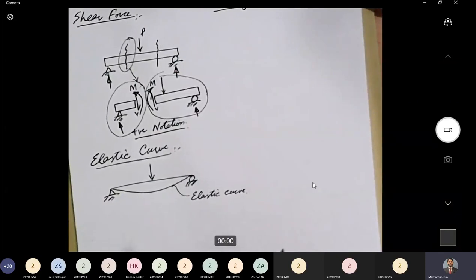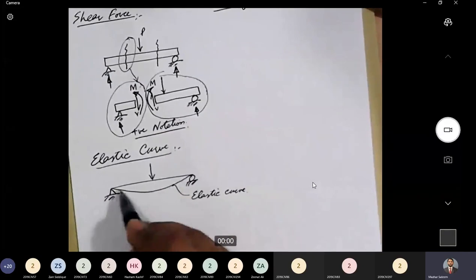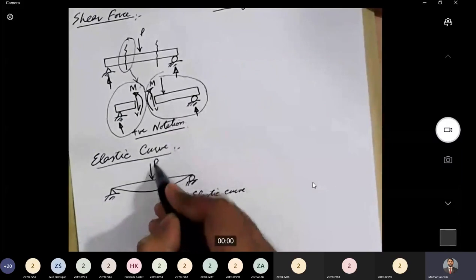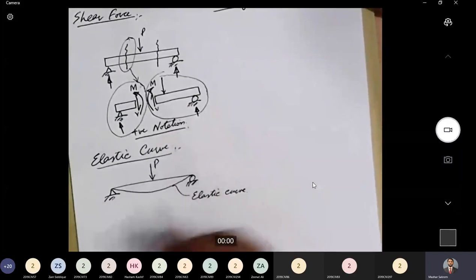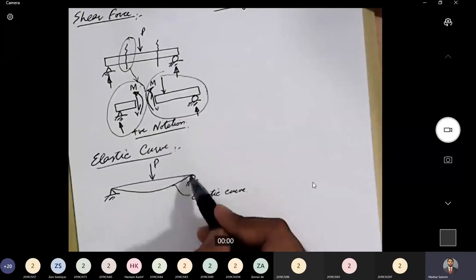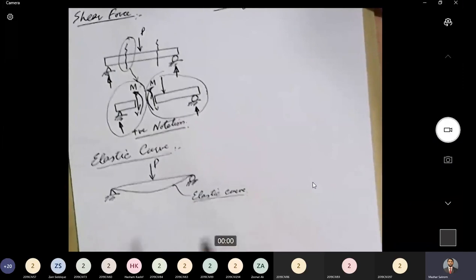When I apply load, this is the center line or longitudinal axis of the member. When I apply external load, this load may be a point load or a UDL or a VDL, the beam deforms under the application of applied load. So this deformed shape is termed as elastic curve.